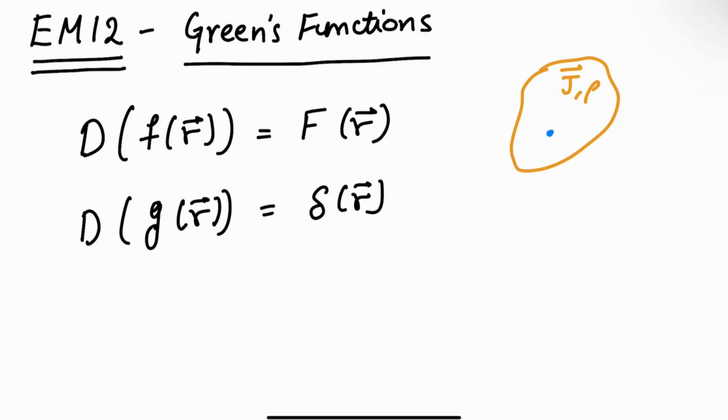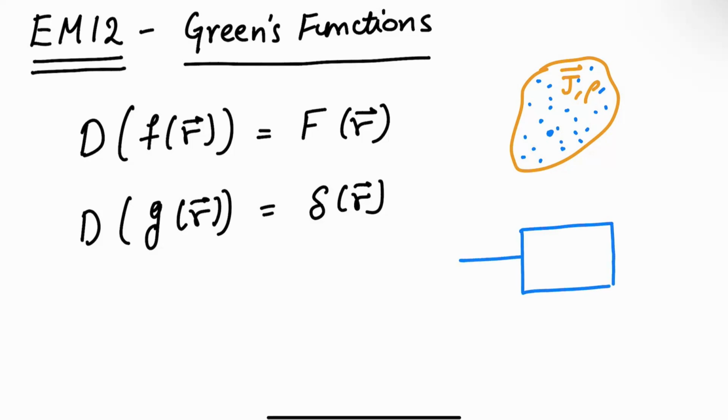And then once I have that solution, which is known as the Green's function, then I can integrate that over all points to get the solution for an arbitrary distribution. It's exactly the same idea behind impulse response of a linear time invariant system. From signals and systems, we have something called impulse response.